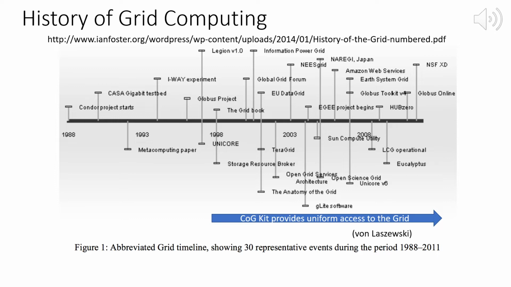And the nice thing about this is if you started doing this early on, you could continue unchanged using these services despite the fact that the software was changing underneath, as well as many other services. So the users that developed applications on top of the Java CoG Kit did not have to change anything. This is a wonderful example for a platform that over a long period of time was usable by many users accessing grid computing.